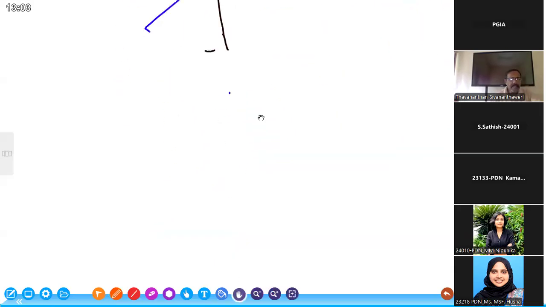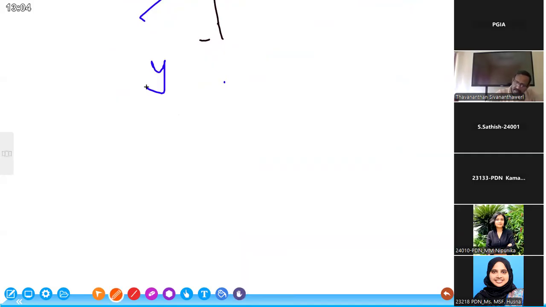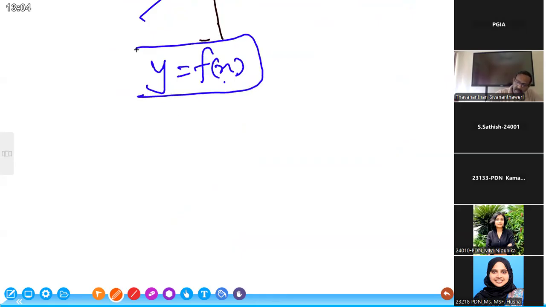Today, I'm going to talk about the last section on differentiation. Up to now, we were talking about a function with two variables. Y is a function of x. This is how we indicate y is a function of x, where we have two variables, one a dependent variable and the other an independent variable.